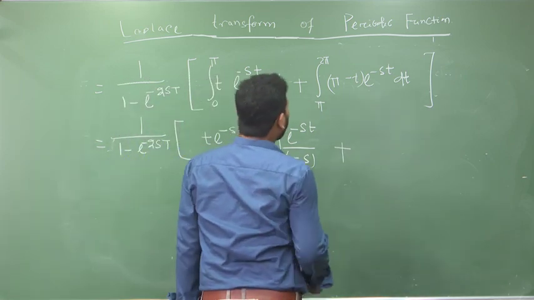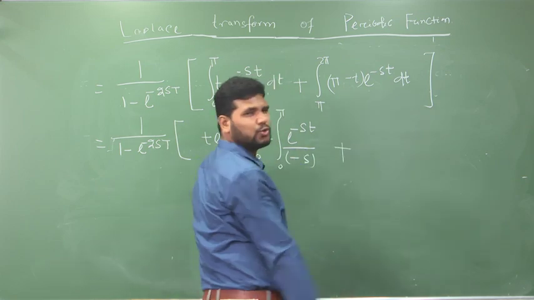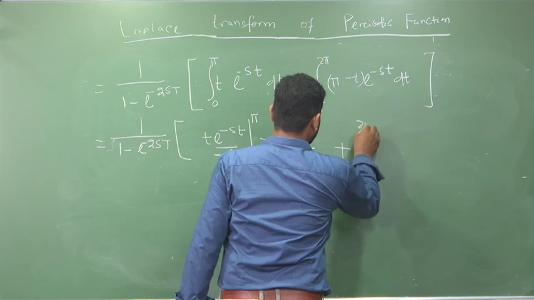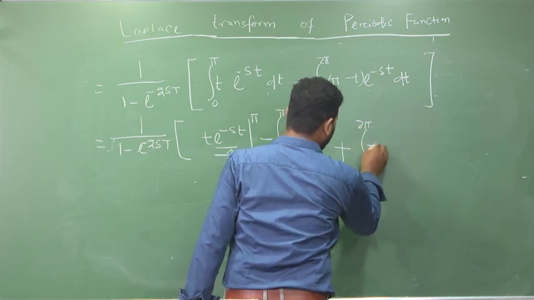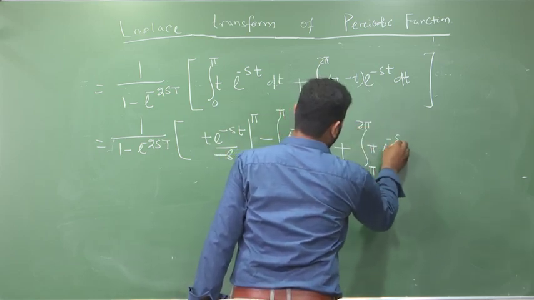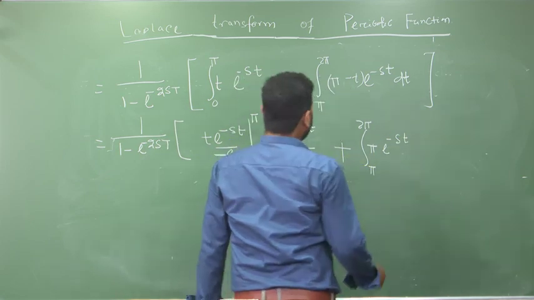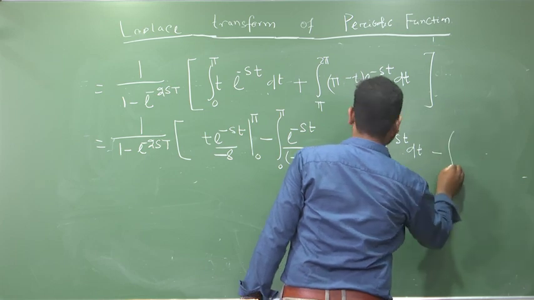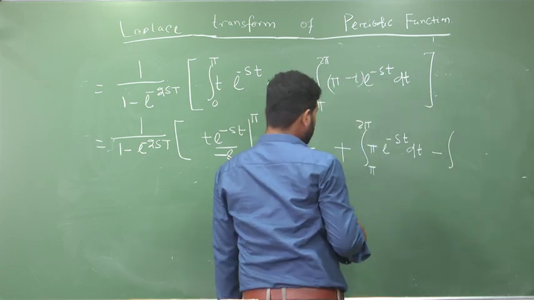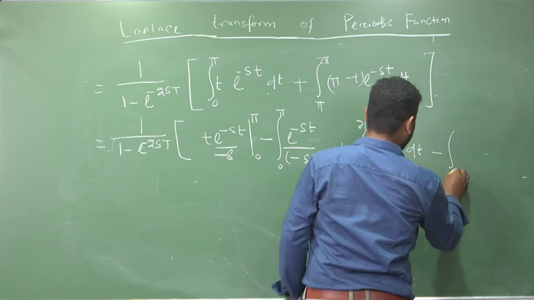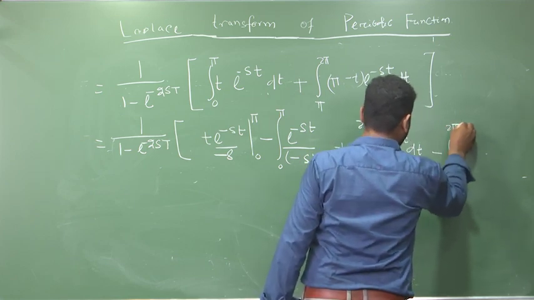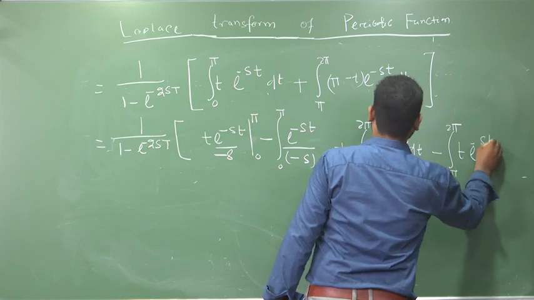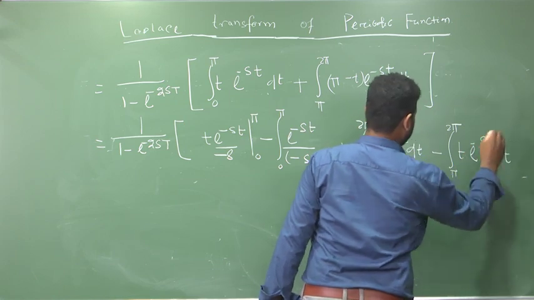The second term has two parts, from pi to 2 pi: pi e power minus st, minus the integral from pi to 2 pi of t e power minus st dt.